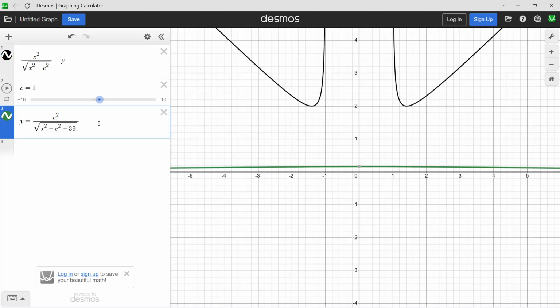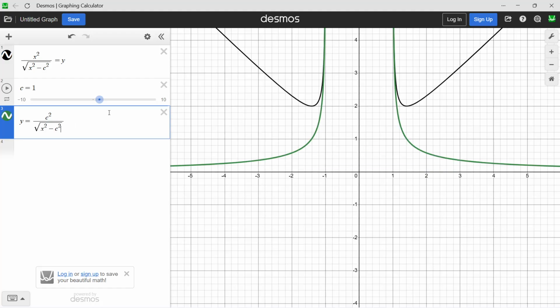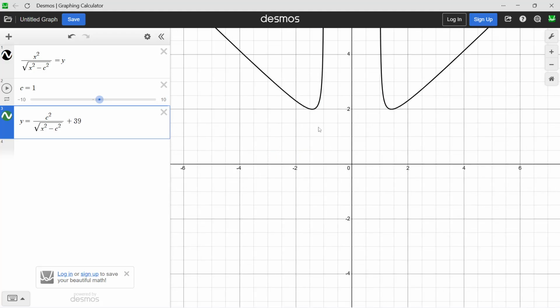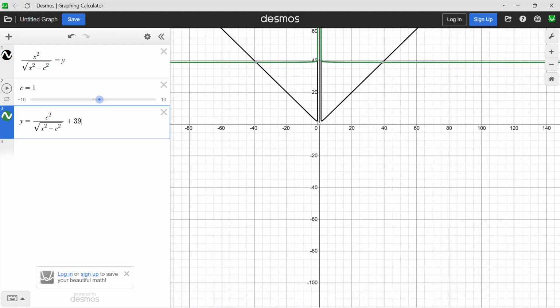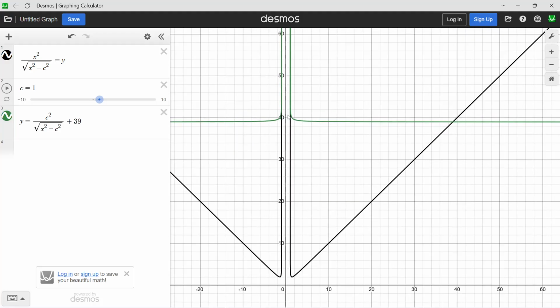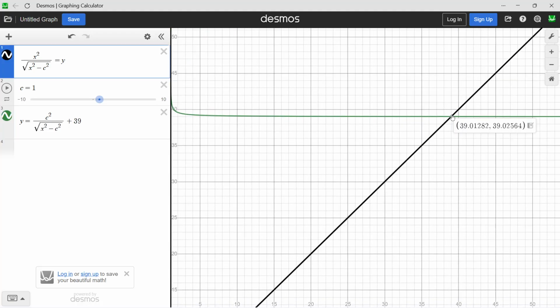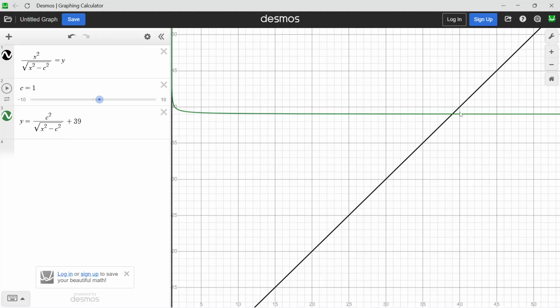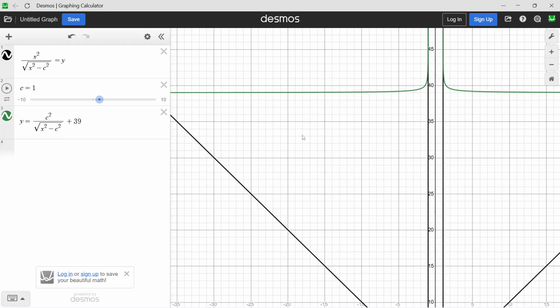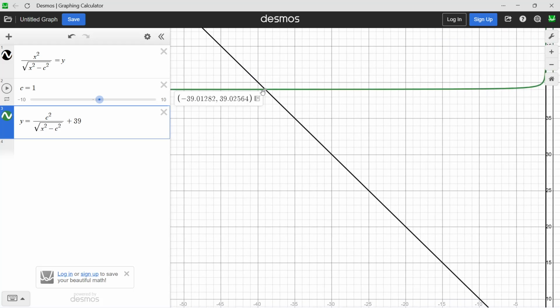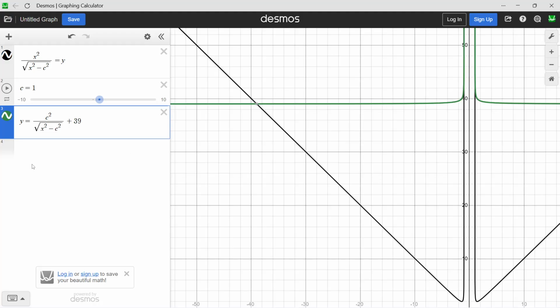Oh, plus 39 doesn't go down there. Plus 39 goes here. Okay, and now I can see somewhere those things are going to cross. And notice it doesn't cross over here, it just crosses here. So when c is 1, it crosses at 39.01282. That's the x value, and it also crosses at negative 39.01282. That's the x value of the negative solution.